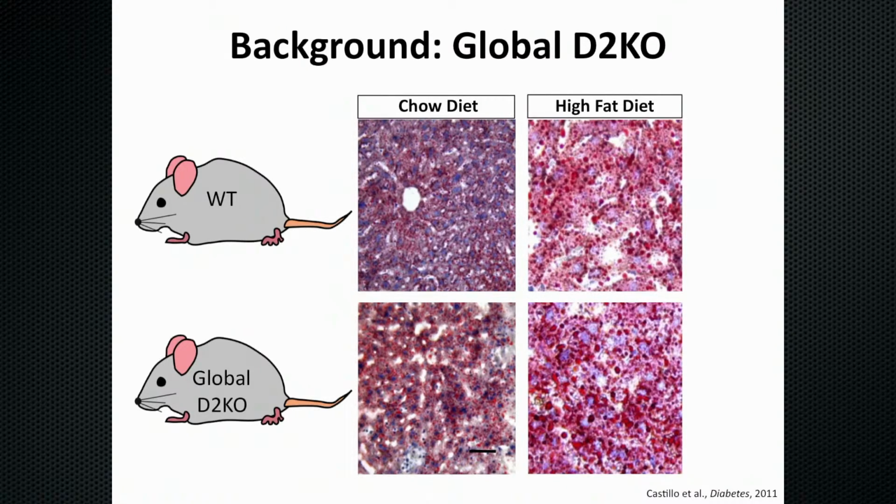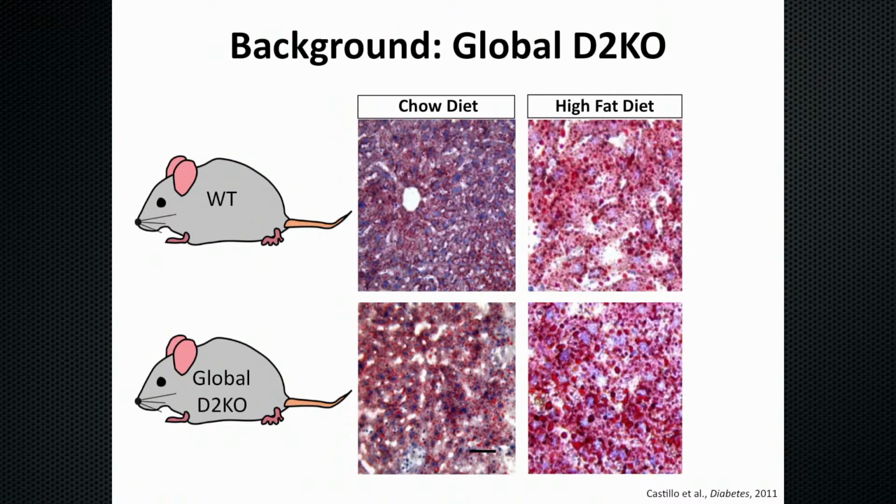So we have a global D2 knockout, so it's a D2 knockout mouse that has the inactivation of the D2 in all of its tissues. And when we take wild-type mice and we put them on a high-fat diet, you can see that the liver tissue doesn't contain much fat, which is shown in Oil Red O. Those are those red droplets there. There's not much fat in the chow diet liver of the wild-type mice.